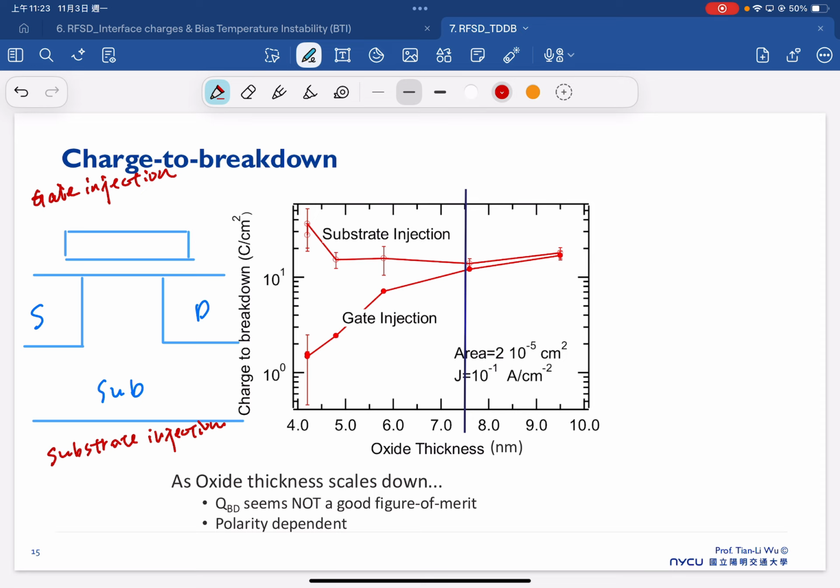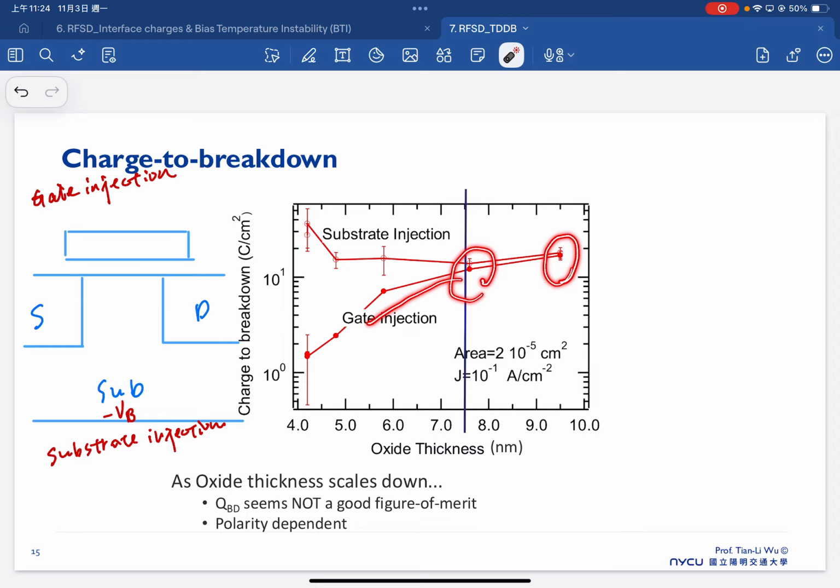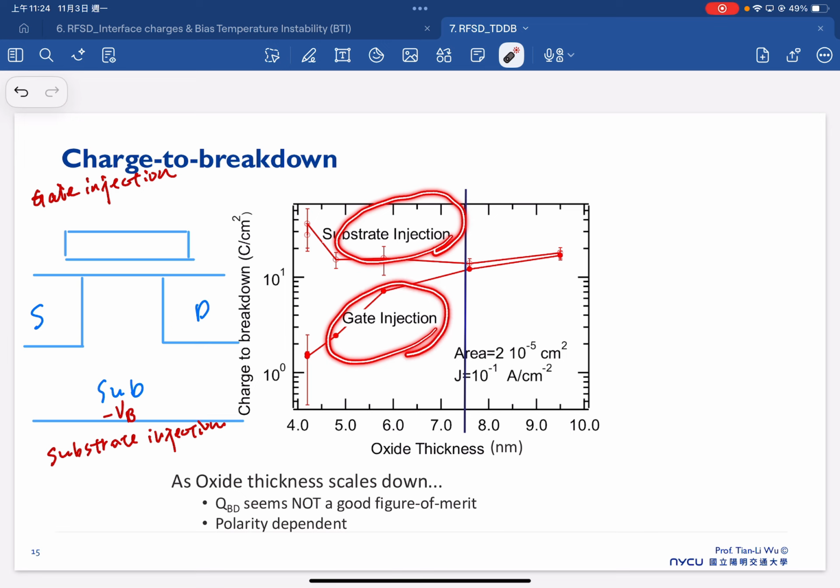And how do we do the substrate injection? We just give a minus V on the substrate. So we can use this way to evaluate the dielectric property, especially the dielectric reliability. But once we see the oxide thickness scale down from 9.5 nanometers to 7.5 and below, there's a discrepancy between the substrate injection and gate injection.